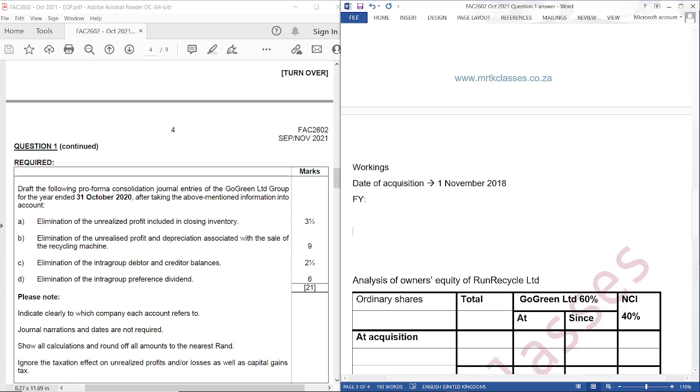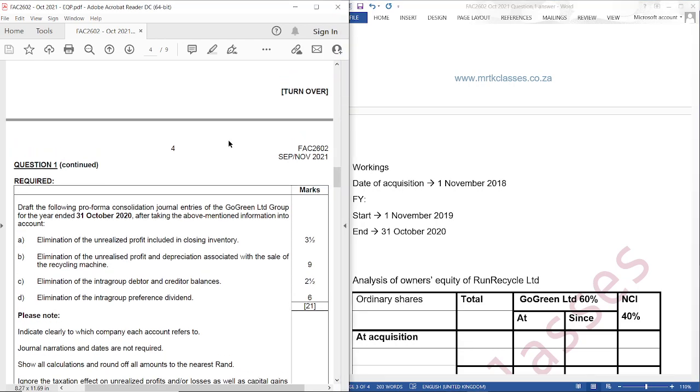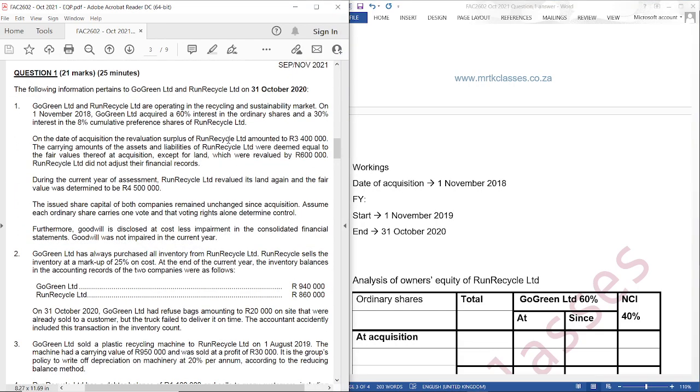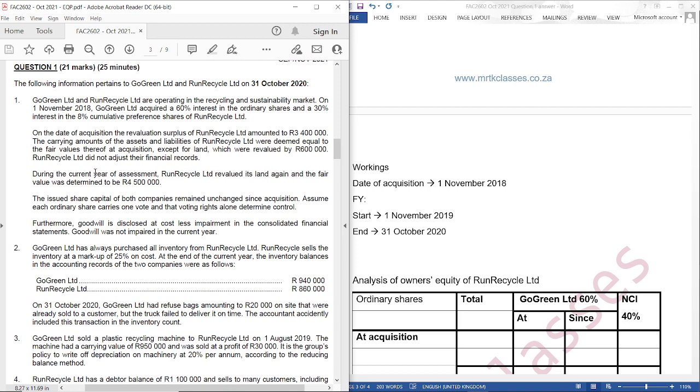So this is the end, 31 October 2020. And this is the start, 1 November 2019.